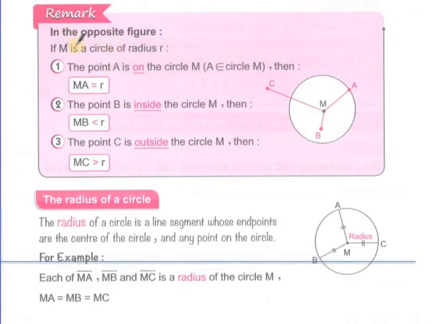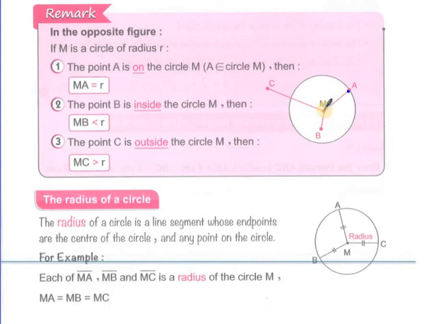Okay, if I have here M the center of the circle, and the point A is on the circle. Look here, point A is on the circle, and the point B is inside the circle, and point C is outside the circle. How do I know this?